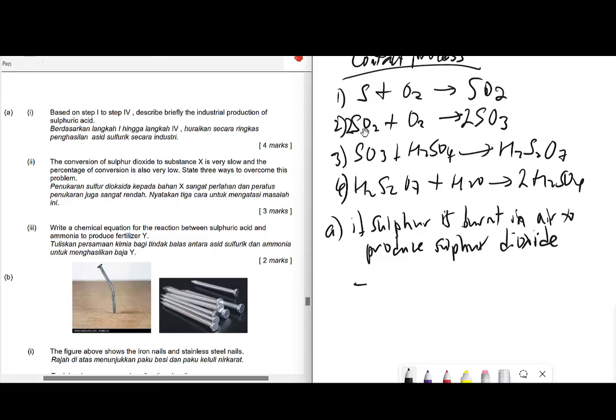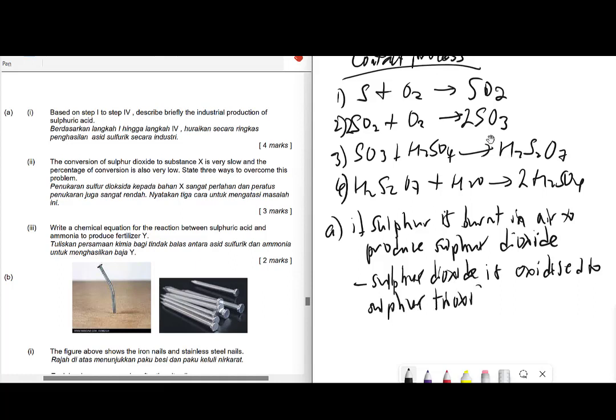So you can say what? Sulfur dioxide is oxidized. This one is actually oxidation. Alright, so you can just continue here with the words: sulfur dioxide is oxidized to sulfur trioxide in excess oxygen.